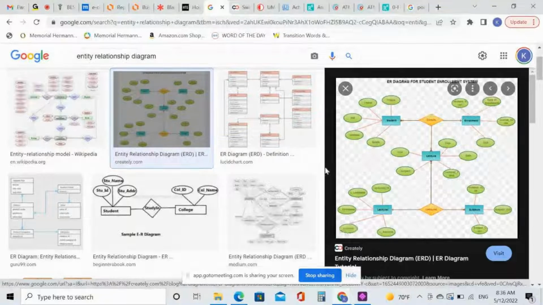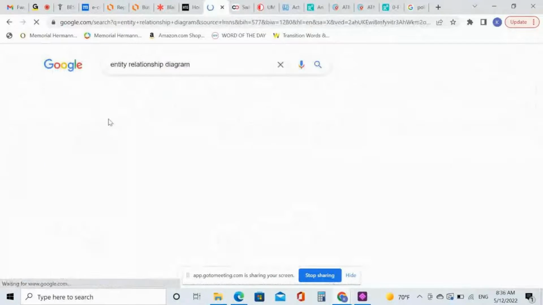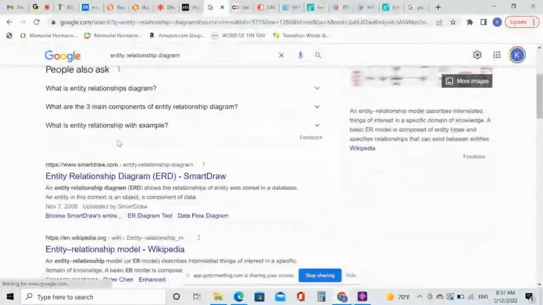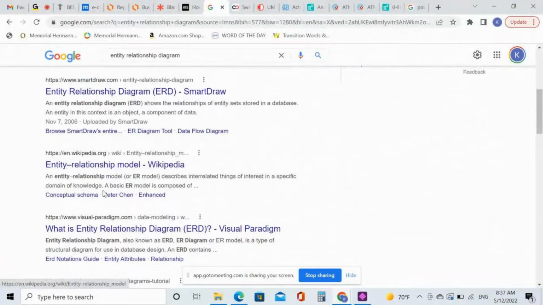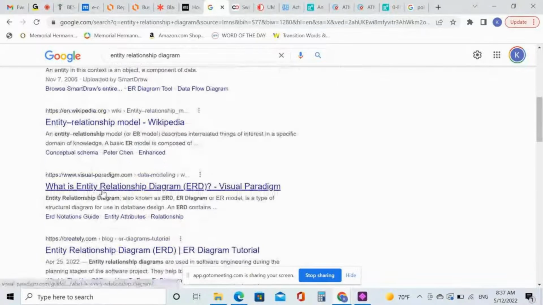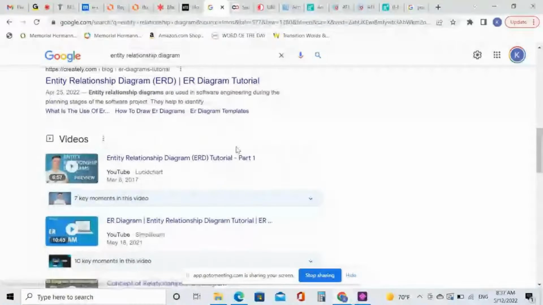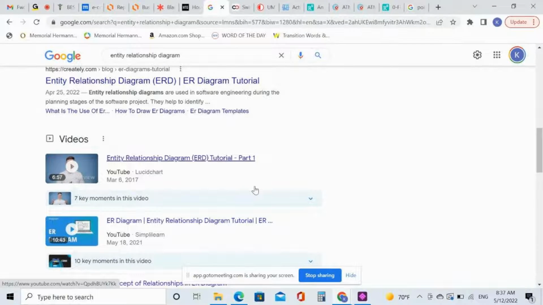Let's go to the normal results, not images, and we need to read first what an entity is. Yes, click on all. Scroll down. Visual diagram, no, scroll down. Scroll further down.